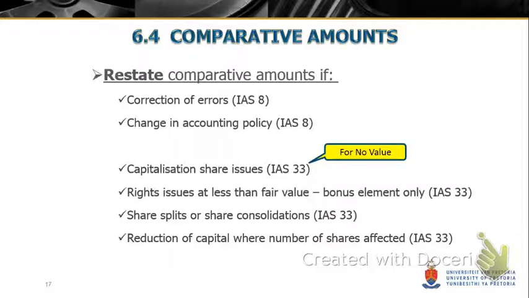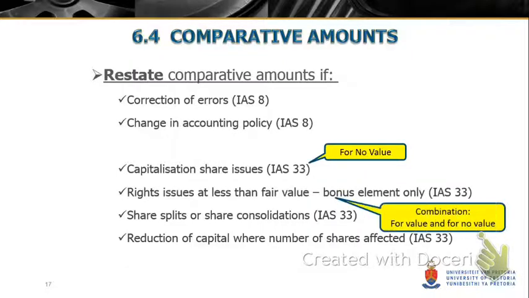The second item there, a rights issue at less than fair value. Now here you have two elements. You have the element that was paid for, and then the other element, which we call the bonus element, which was not paid for. So a combination of value and for no value. We will have an example later on.